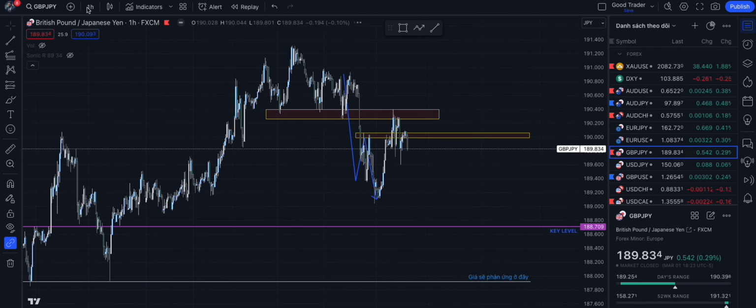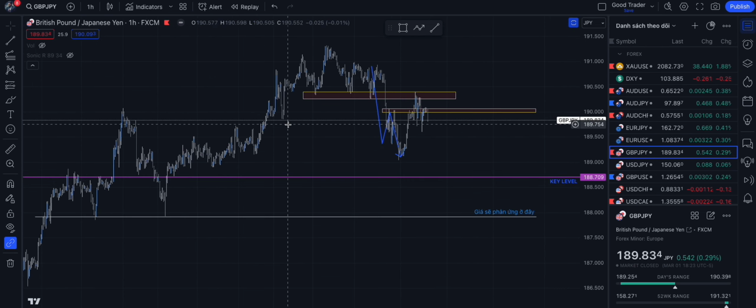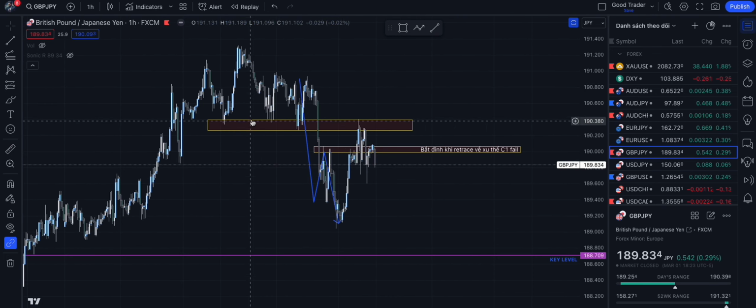So same thing with the euro and the yen, but instead of having a clear uptrend, I can see that the bullish movement is getting weaker. As you can see from here, the bullish, but the price hasn't broken above this zone over here.